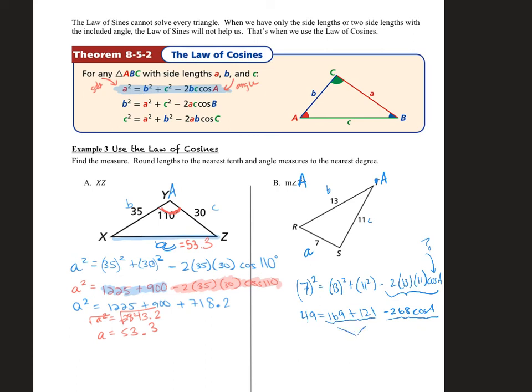So I can add these two, and I get 49 equals 169 plus 121 equals 290 minus 286 cosine A. We're going to get the variables on one side and the numbers on the other, so I'm going to subtract 290 from both sides. So I got negative 241 is equal to negative 286 cosine A, or negative 286x. So I divide both sides by negative 286.